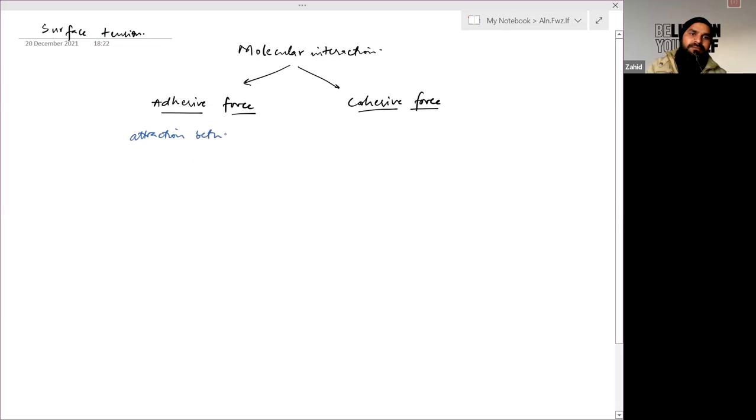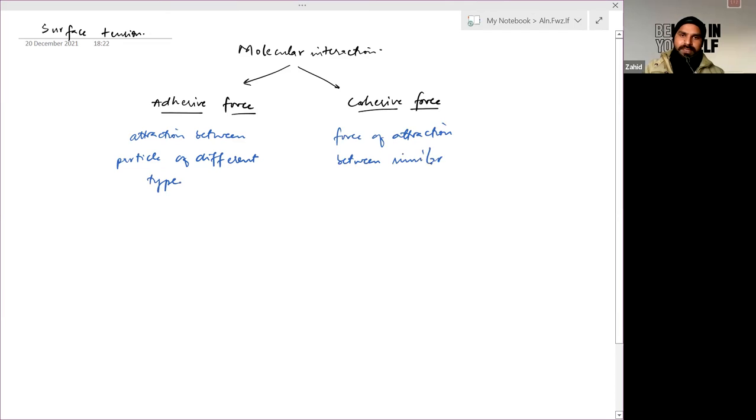Cohesive means force of attraction between similar particles. Is it clear?